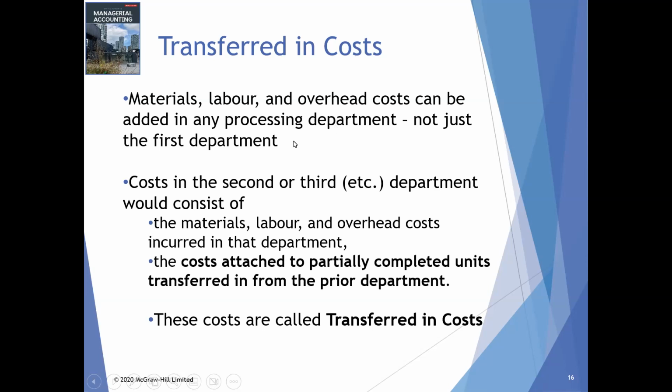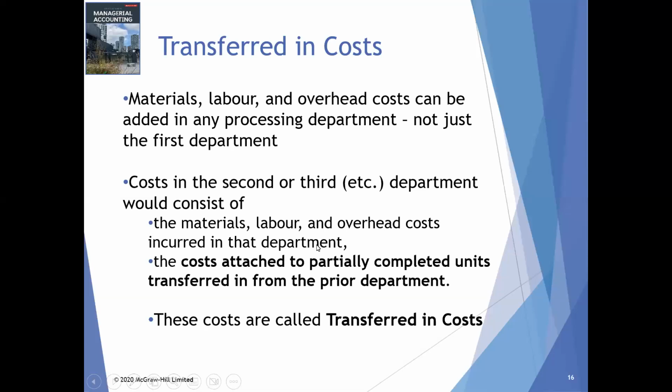Labor can be used in any department. Overhead cost can be added in any processing department, not just the first department. So the cost in the second or third department would consist of material, labor, and overhead incurred in that department.